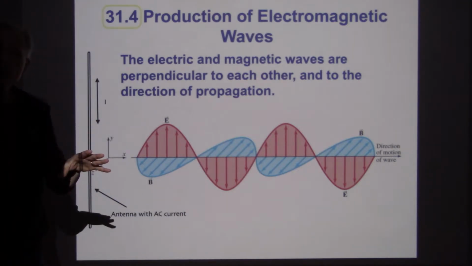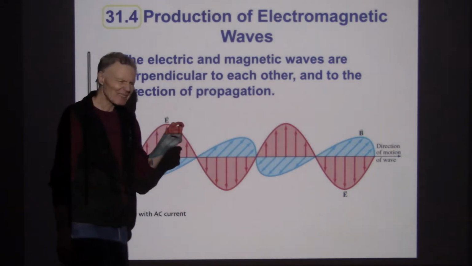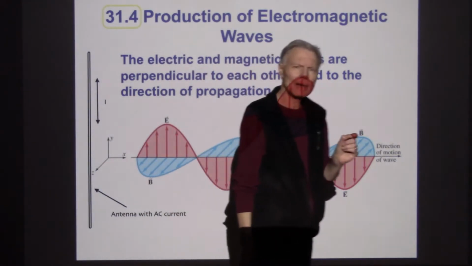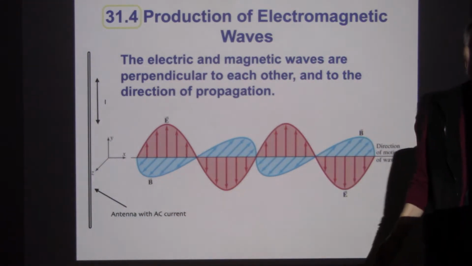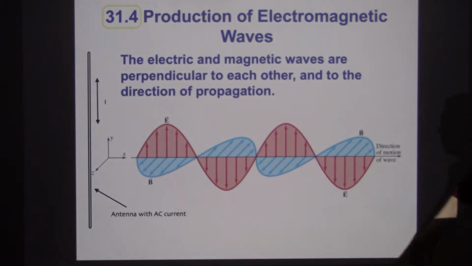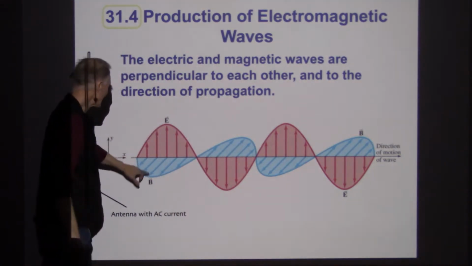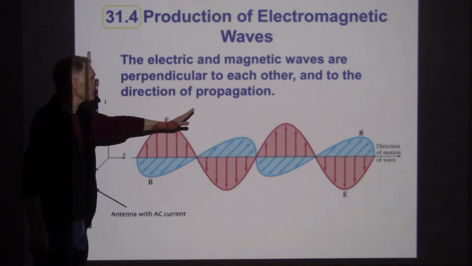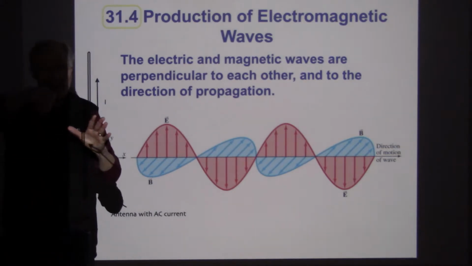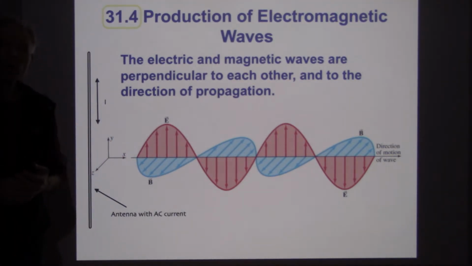Now, each individual photon being generated has a little tiny electric field and a little tiny magnetic field oriented kind of like in this diagram. So this diagram is going to work fine for that purpose. Now, the total electric and magnetic field propagating away from this antenna comes from adding together all of the electric and magnetic fields of all the photons that make up that radio signal.